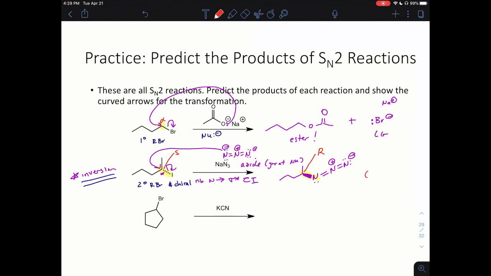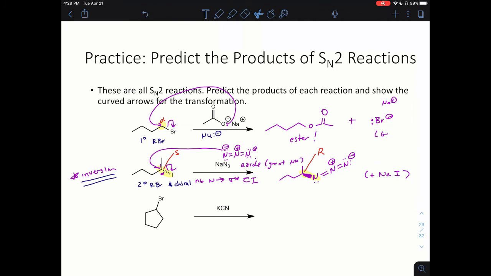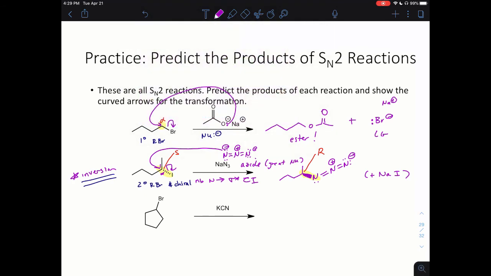And then, of course, we have sodium iodide around as well, iodide being the leaving group and sodium being the spectator. That just came with the nucleophile, right? Because you can't buy a bottle of an anion, so it just comes with its counter ion. No big deal.